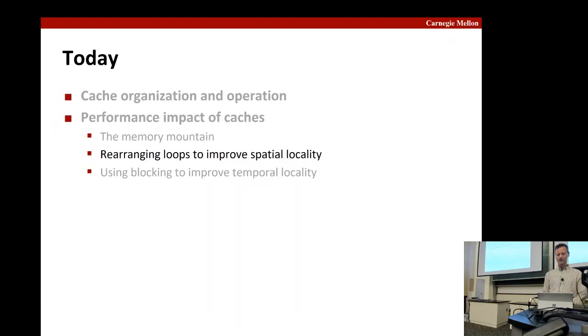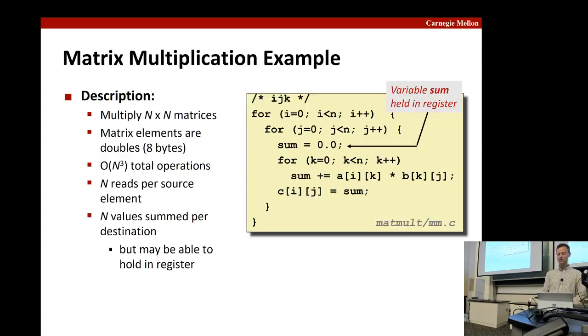Okay. So how can you help things out in your programs? Well, one thing you can do, similar to what we showed before in the previous class, is you can rearrange the loops. Okay. So if we have matrix multiplication, then we've got these 2 n by n matrices that we're multiplying, A and B. We're putting the result in C. We're accumulating into a sum that starts at 0, and then the Cij element is the sum over all these k's of A ik times B kj.